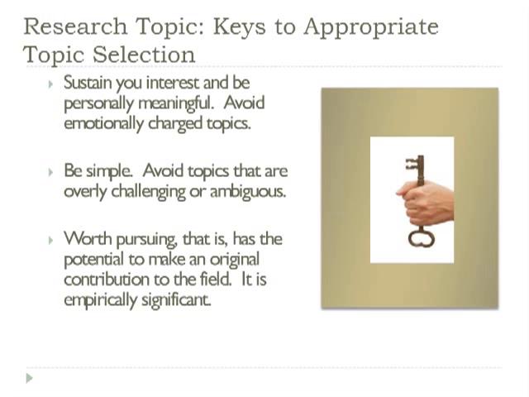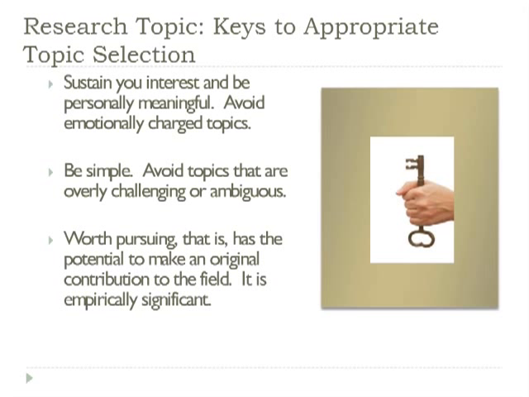Another consideration is you need to make sure that you select a topic that sustains your interest, that's personally meaningful to you. However, you need to make sure that it's not too emotionally charged. Let's say, for example, you are very interested in children with autism, and you have a nephew that has autism. That is a topic probably near and dear to your heart.